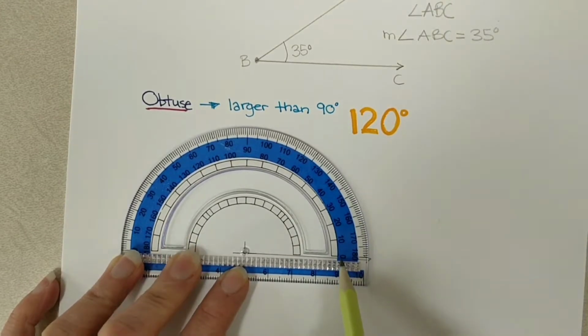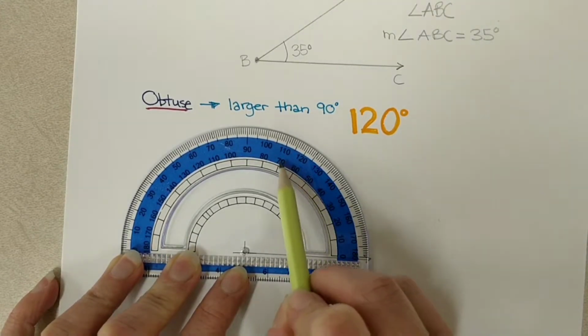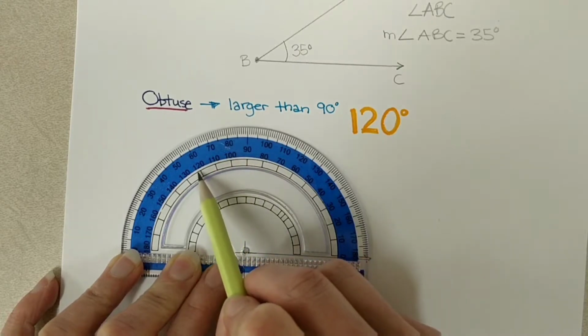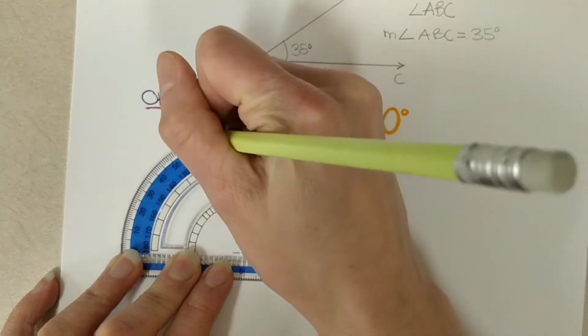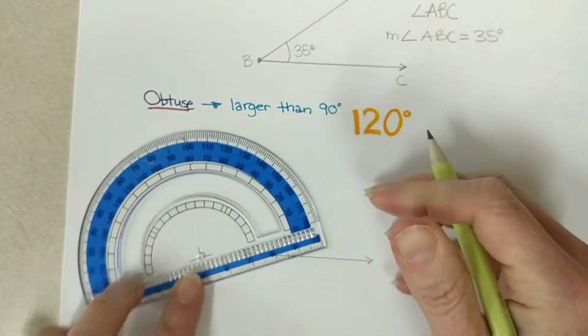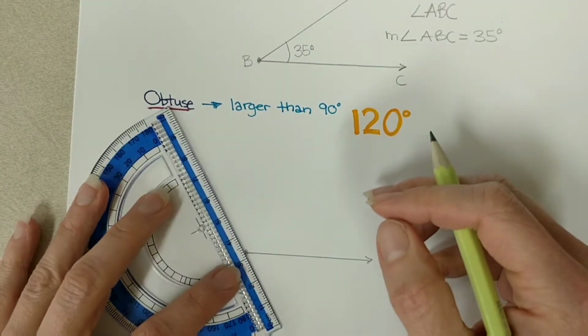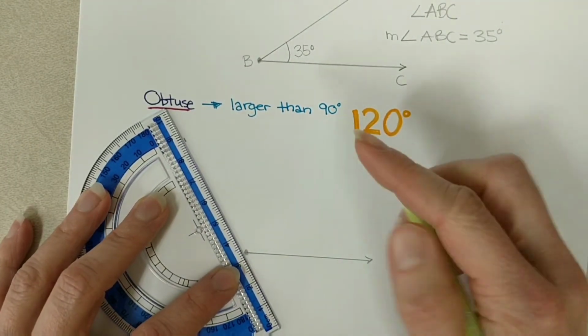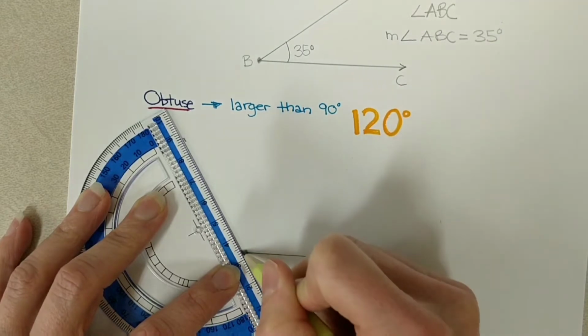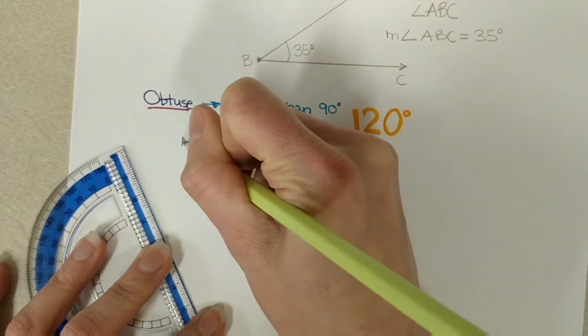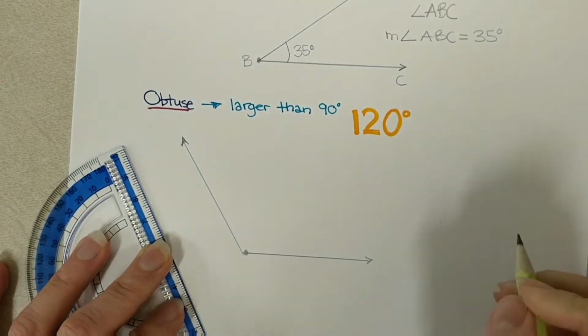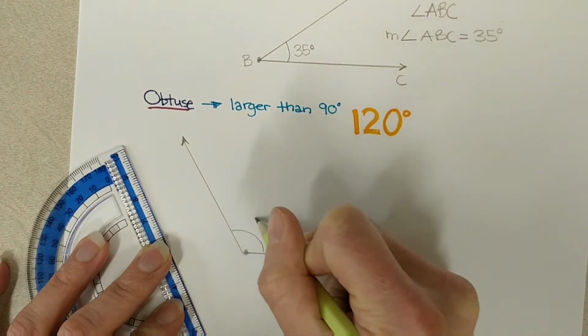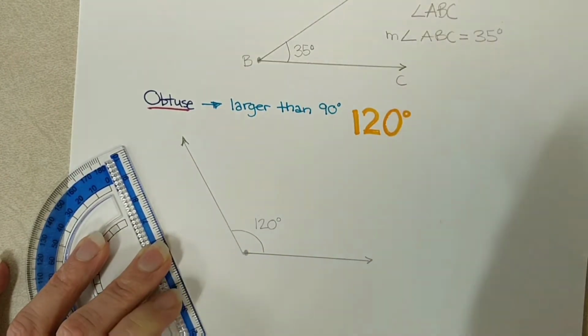So we're going to start from 0 and count up on that scale until we get to 120. Okay, that's where we're going to put our tick. And then we'll draw the second ray. So this angle is 120 degrees.